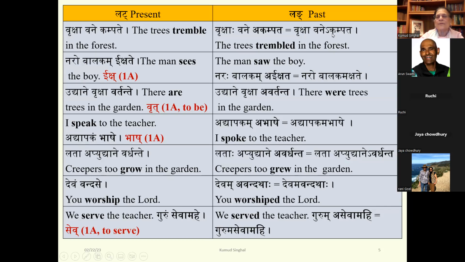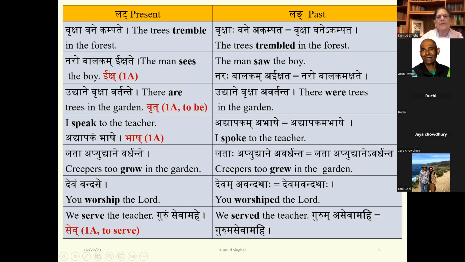Now with the past tenses, there is always an a in the beginning, so there will always be a sandhi here. Here it will be a purva rupa sandhi, vane and a, so the a will be elided. So it will be vane kampanta. So tremble and trembled.